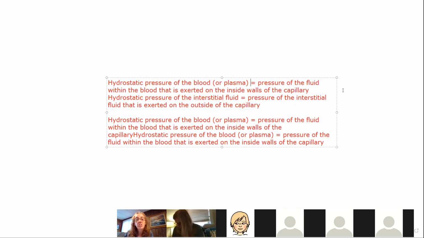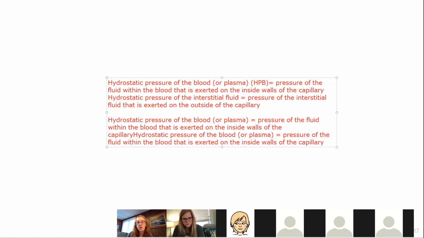So this is the hydrostatic pressure. This is the HPB on that slide. That's what that is.